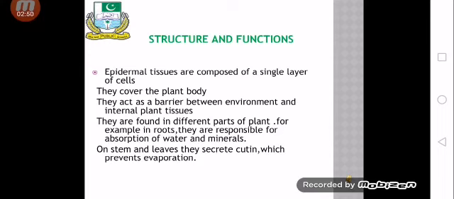Evaporation means loss of water. As you know, we apply special waxy materials like lotions on our hands and body to protect our skin from the outer atmospheric temperature and severe weather conditions. So here the same function is performed by this cuticle layer, and it prevents the plant from wilting.